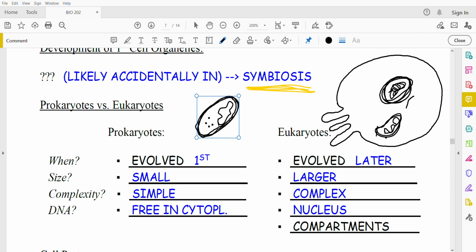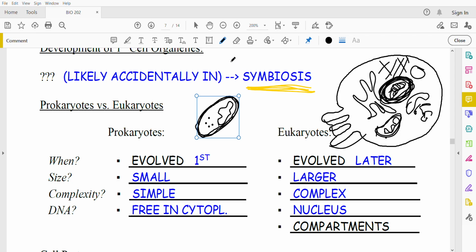So a lot more structures in there, and a lot more happening in terms of the physiology as well. So eukaryotic cells took longer to appear. They're generally more complex, and what's striking about them is that they have various different compartments, various different structures inside them. So they're much more varied in their structure as well.